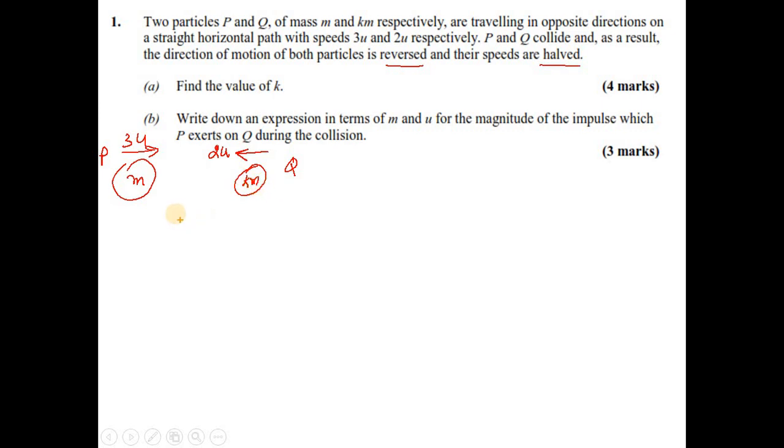They collide, and after their collision their directions are reversed, so P moves backward, and Q also reverses direction. After collision their velocities are halved, so 3u becomes 3u by 2, and 2u becomes u, and you need to find the value of k.